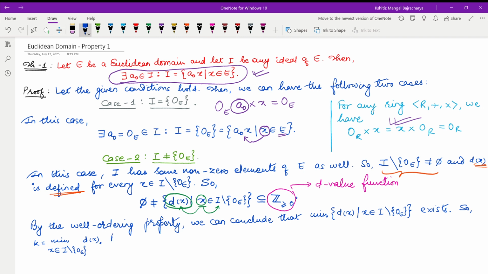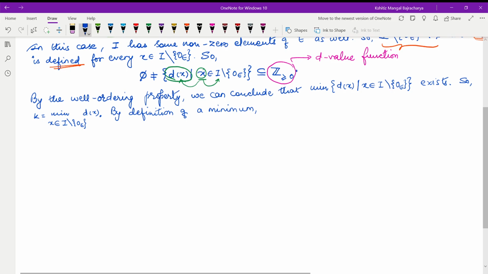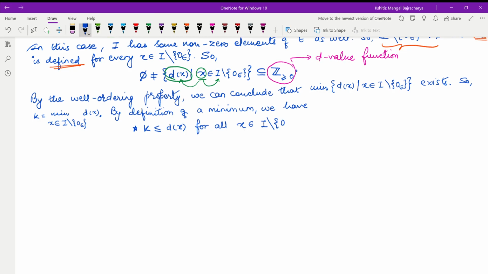Now by the definition of a minimum, what can we conclude is that k is less than or equal to dx for all x belonging to I minus the 0 element, and k belongs to the set of which it is the minimum.